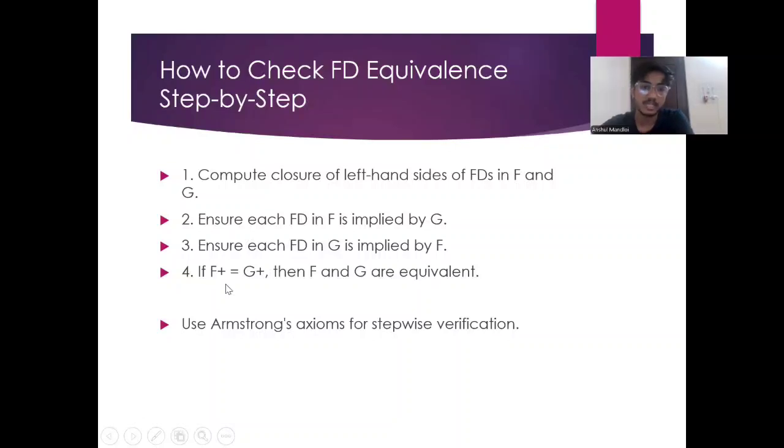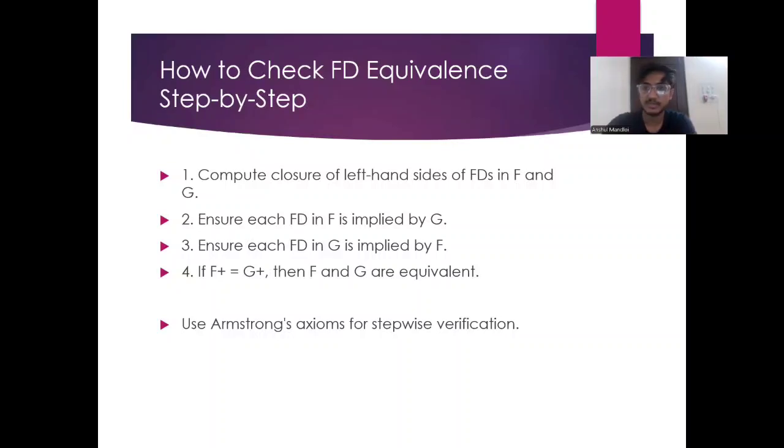Thirdly, ensure each FD in G is implied by F, which is exactly similar to what I explained in the second bullet point. It's vice versa. Whether we have simplified F by G or G by F, we have to make sure for both F and G. Also, if F plus equals G plus, then F and G are equivalent.